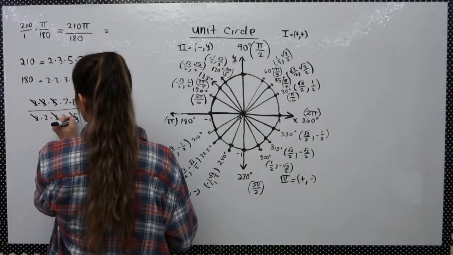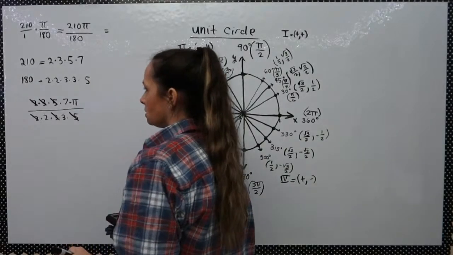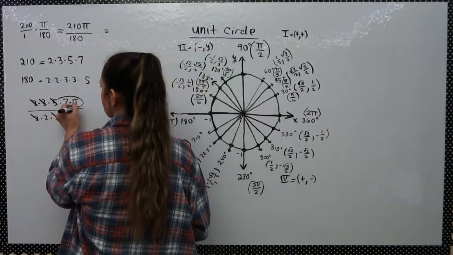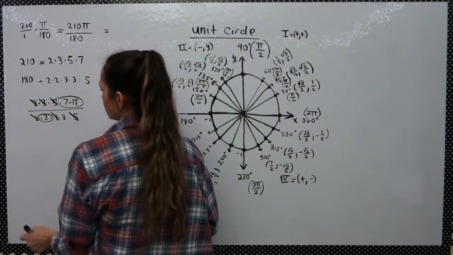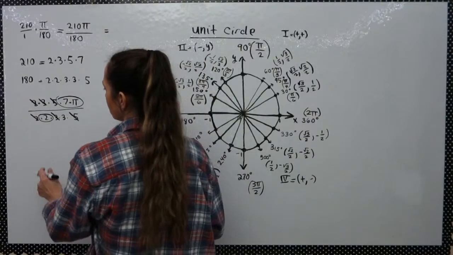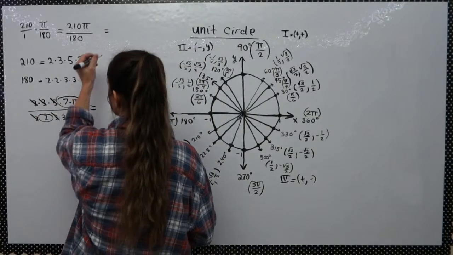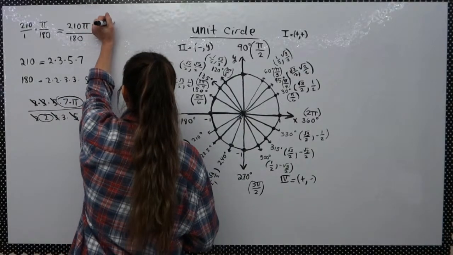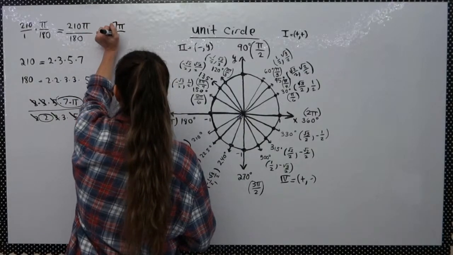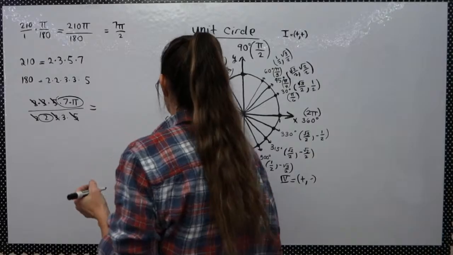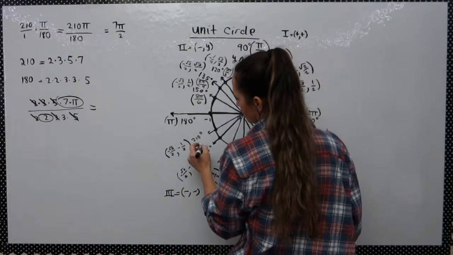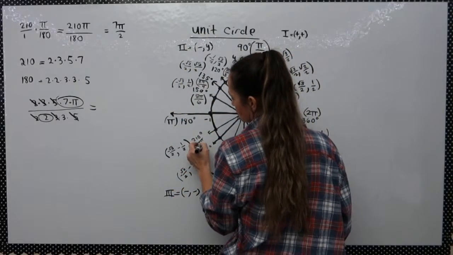We got 5 as well. So then what's left in the numerator just becomes your new fraction. So you have a 2 and 7. So this becomes 7 pi over 2. And that's your radian measure for 210 degrees, 7 pi over 2.